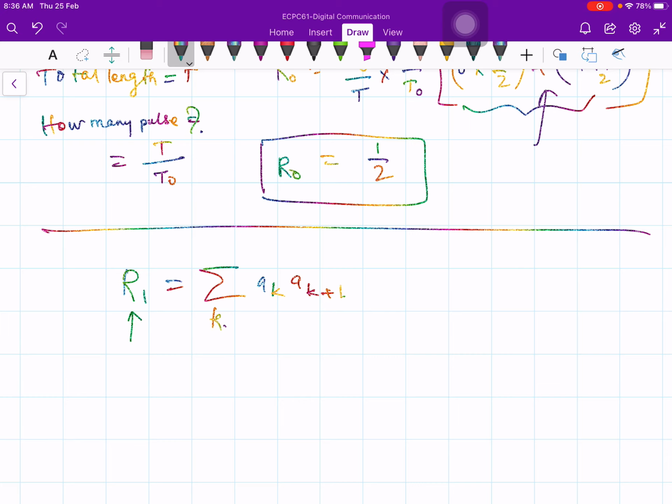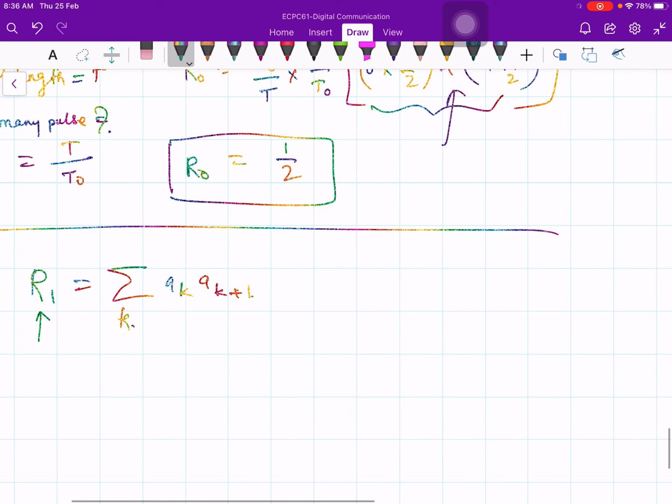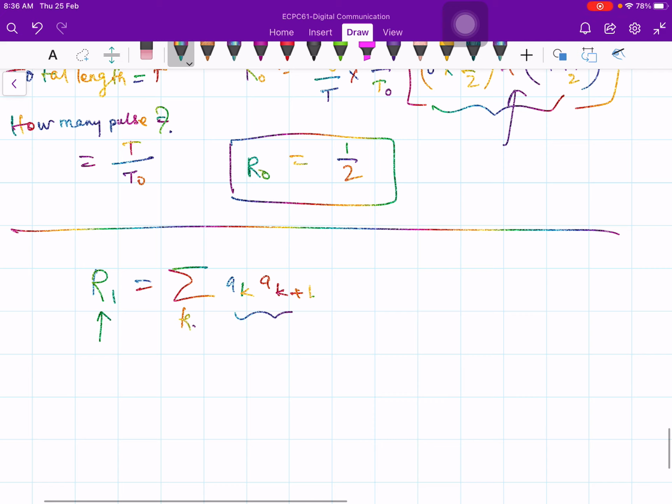Let us see. It is quite clear that AK times AK plus 1 will contribute a non-zero value only if they are both non-zero. In principle AK can take the value 0, plus 1, and minus 1.